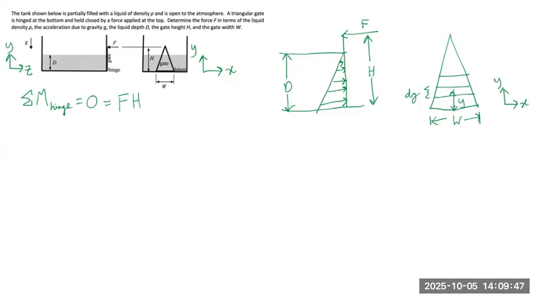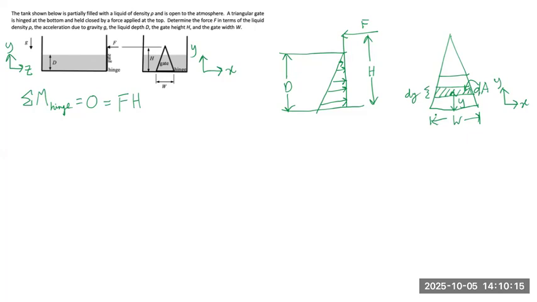And we will have to find what the differential area is, which we will call dA. So we have to come up with an equation for dA in terms of dy, because we want to get everything in terms of only one variable, which is y.